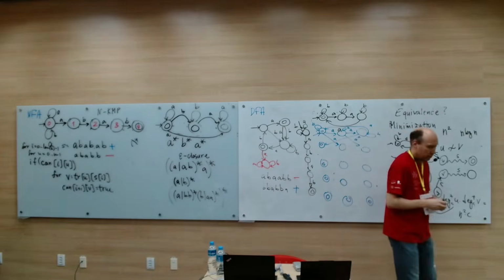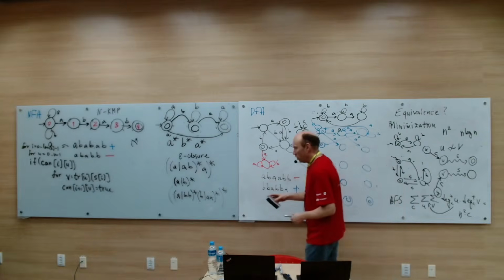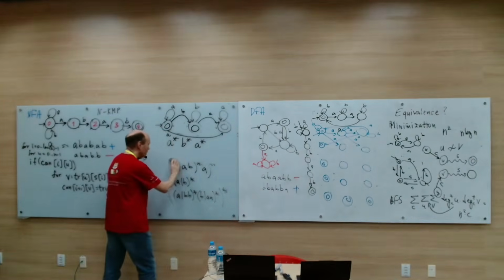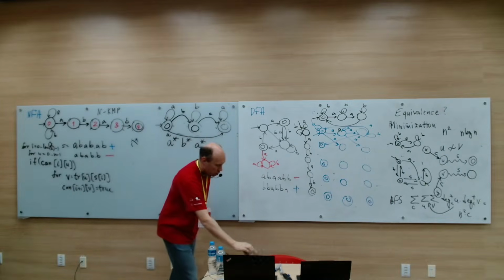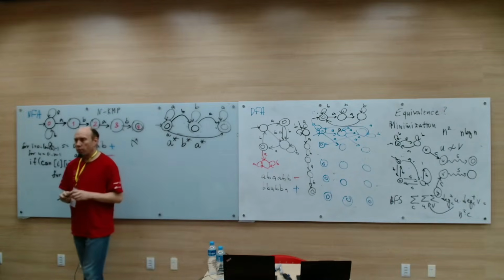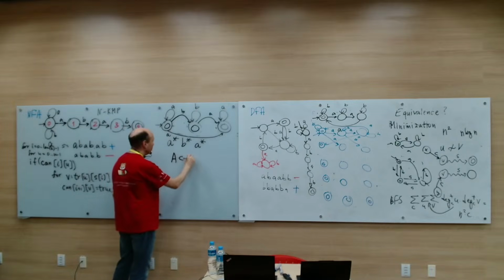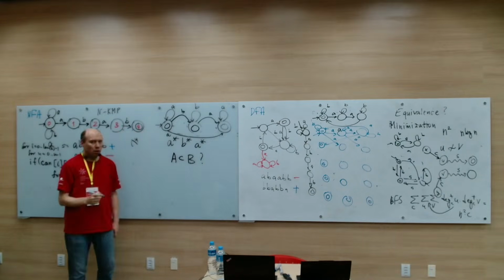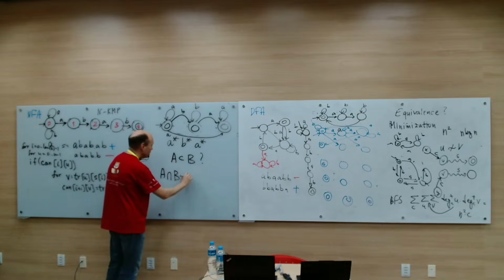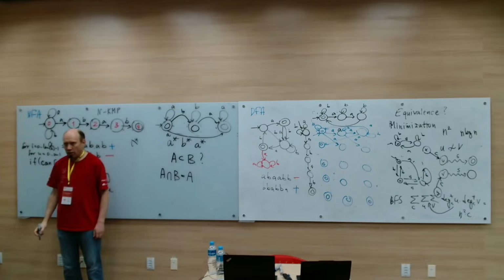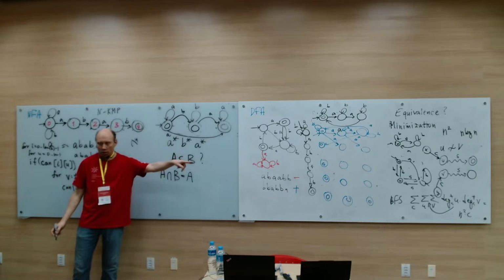So if you know how to check for equivalence, then you can check other set-theoretic properties. For example, A is a subset of B is formulated as A intersected with B is equal to A. Intersect we can do with the product construction.